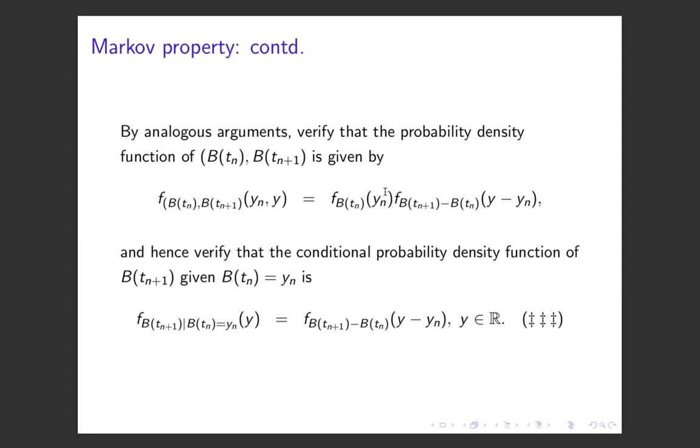So you have to divide this by f_{B_{t_n}}(y_n), as we had done in the earlier page. So this will get cancelled. This is strictly positive. So once this goes away, this will remain. That is what we have.